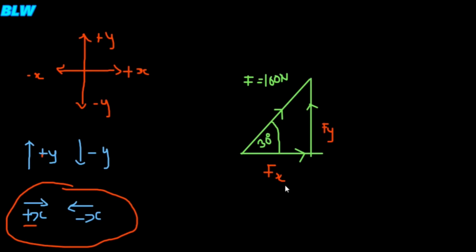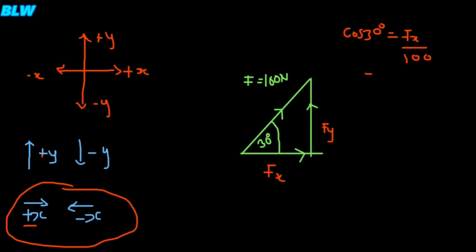If you want to find the components, we can use the cosine and the sine. For the x component, since it is adjacent, I can say cosine of 30 degrees equals Fx over the hypotenuse, which is 100.